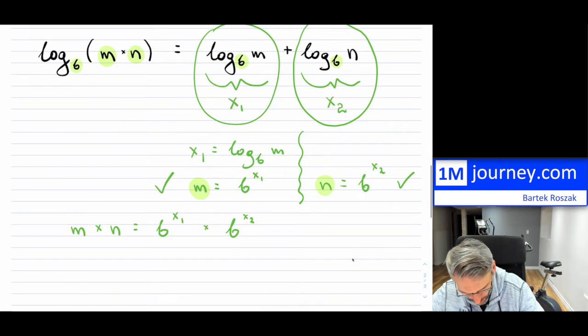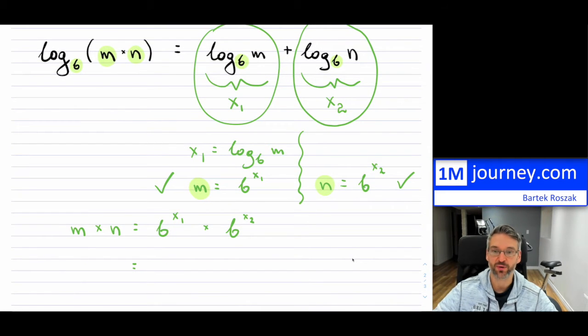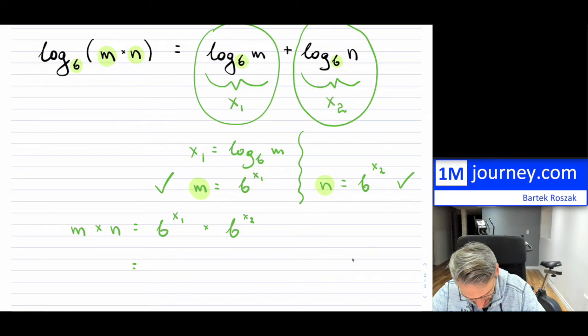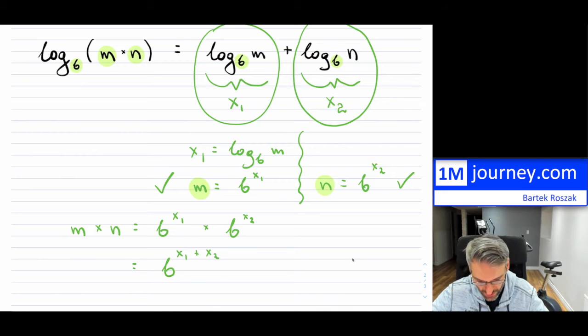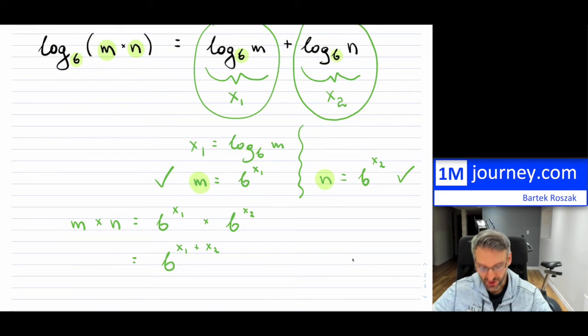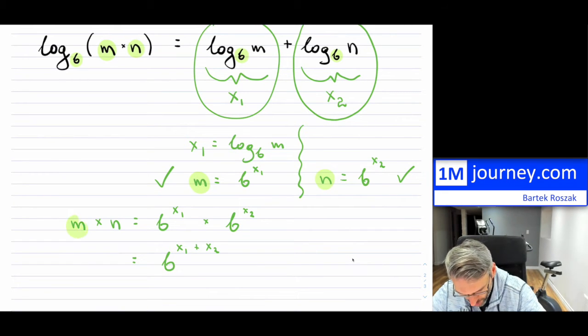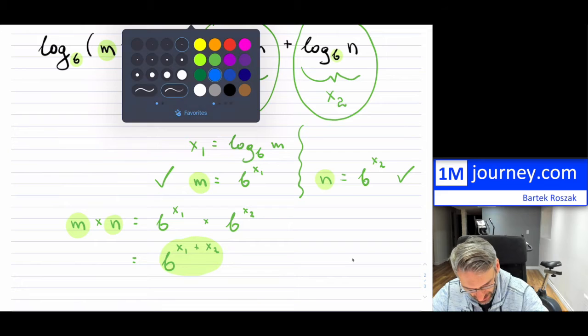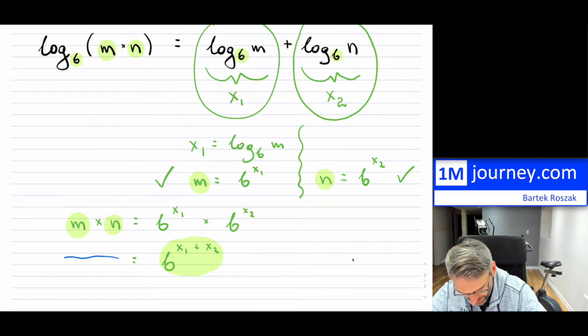Now, of course, utilizing our exponent rules, because we have the same base b, this is nothing else but simply b raised to the exponent of x1 plus x2. So that's what this equals. That is my m multiplied by n. Now I can take this and substitute it back into here.